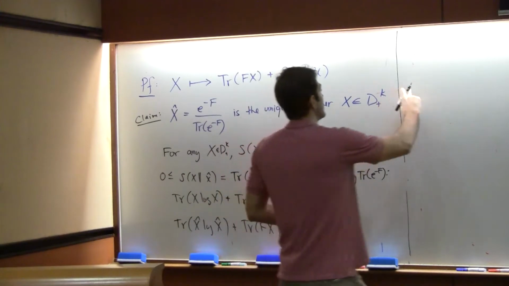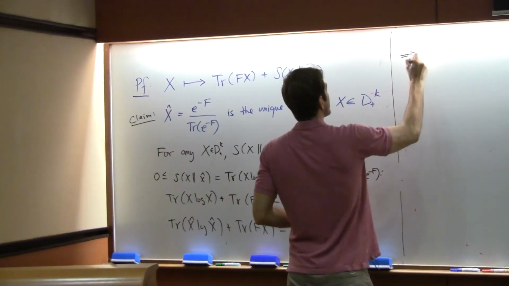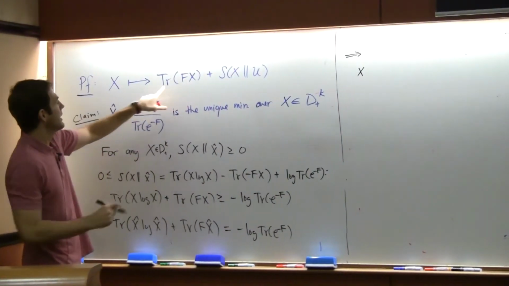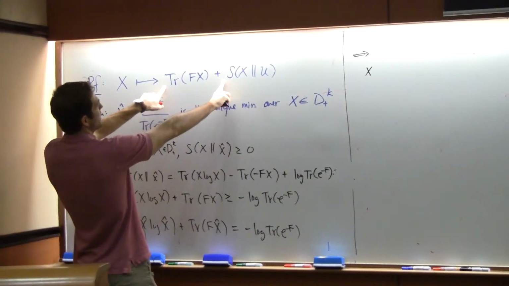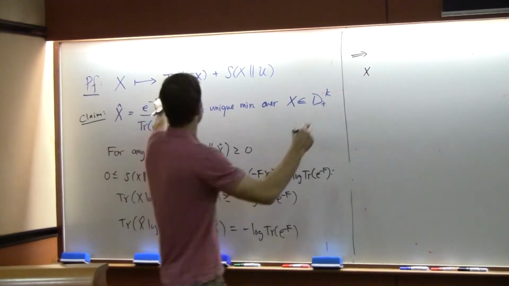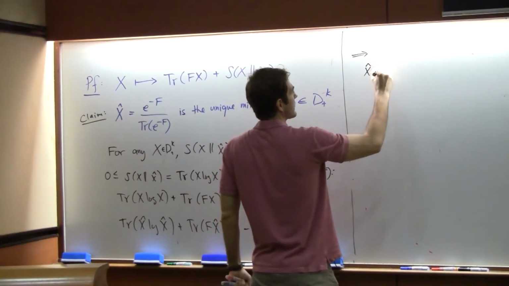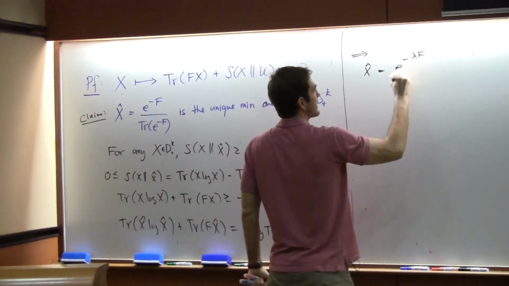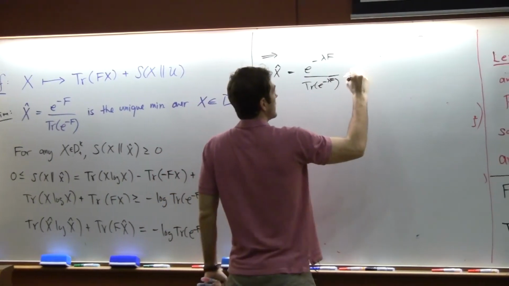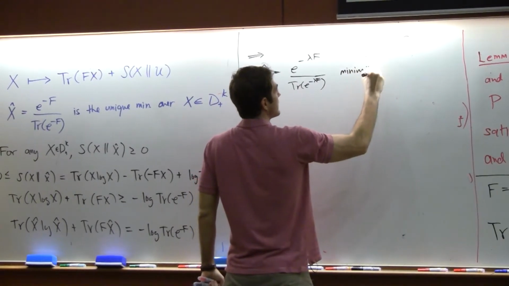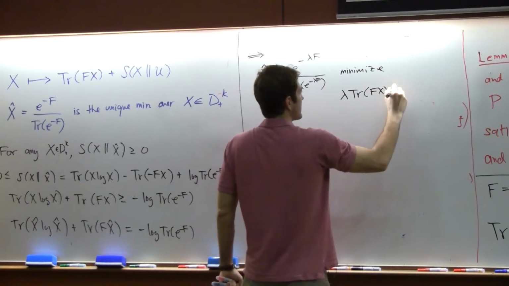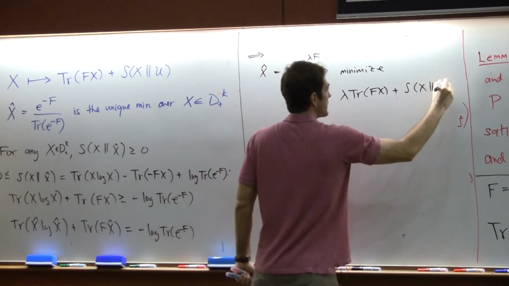In particular, this implies that, now just replace. Here I have it, here I didn't. What's the trade-off between these two terms? Now I'm going to replace f by lambda f. So x hat equals e to the minus lambda f over trace e to the minus lambda f minimizes lambda trace f x plus relative entropy.